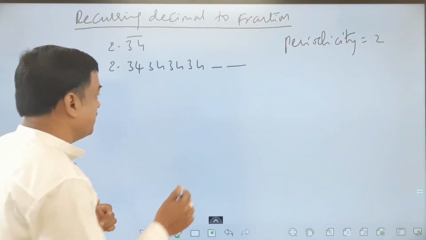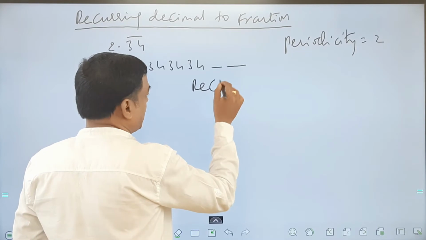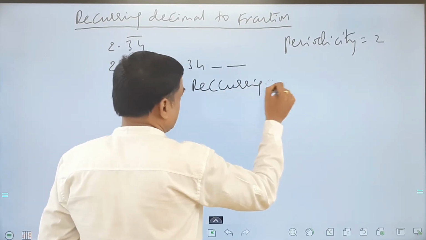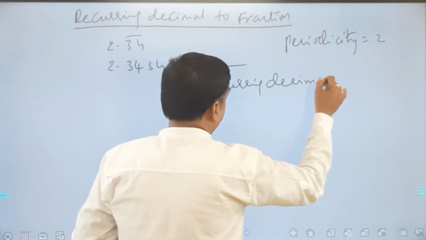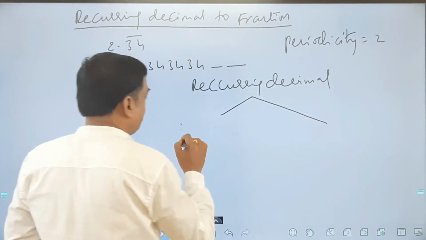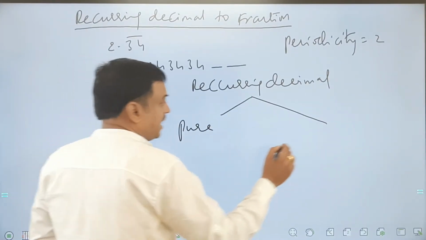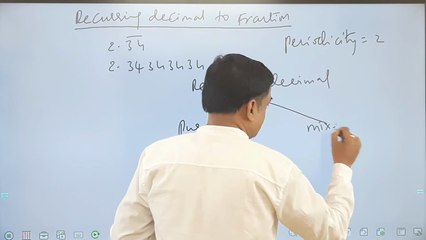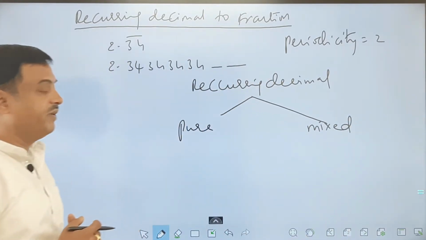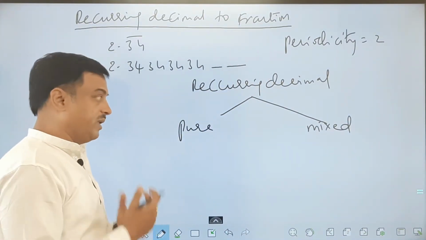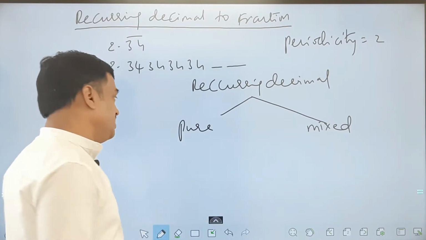And recurring decimals will be of two types. One is called pure recurring decimal and the other one is called mixed recurring decimal. Now what is the difference between these two?